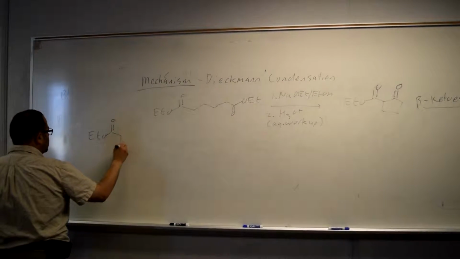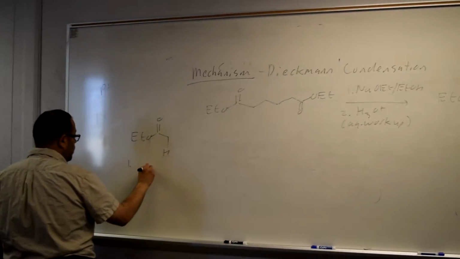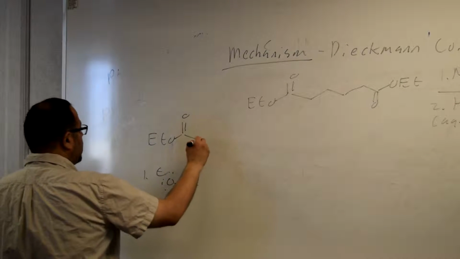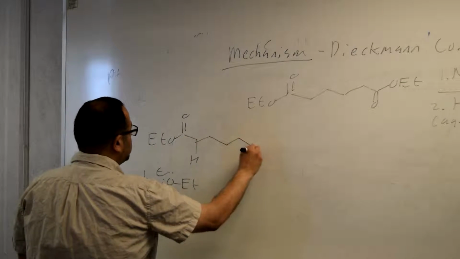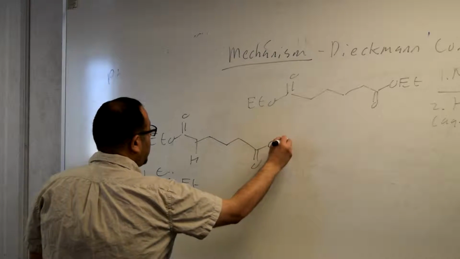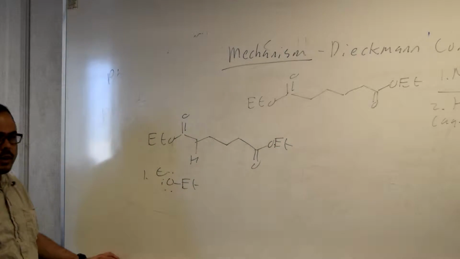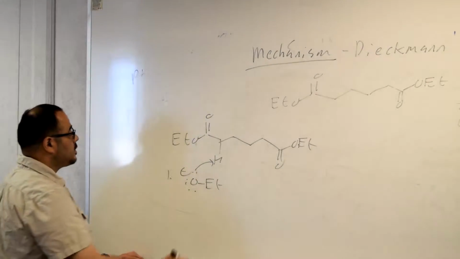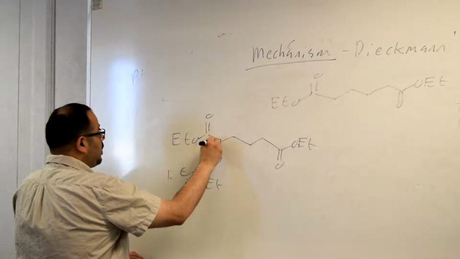So your base, sodium methoxide, is going to deprotonate it. In this case, methoxide minus is going to be our base. That will give us the anion or enolate, so I'm going to draw it as the enolate. This will deprotonate that hydrogen to give you the enolate.